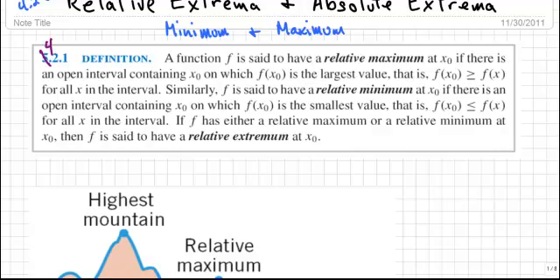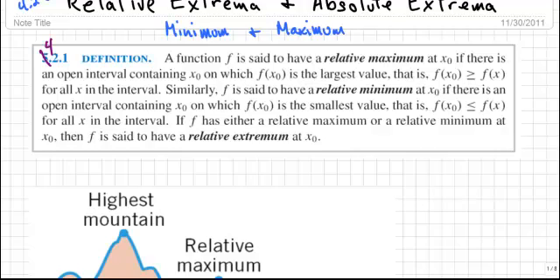So if you're looking in the immediate neighborhood of the points around x naught, the value of the function for all those points is less than or equal to the value of the function at x naught. So you get a relative max if f of x naught is greater than or equal to f of x for all those other points.